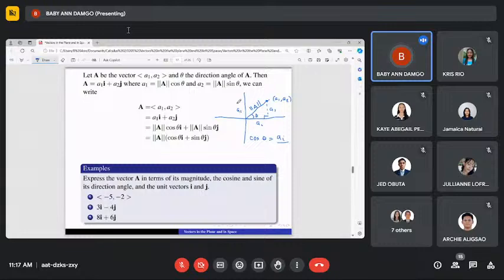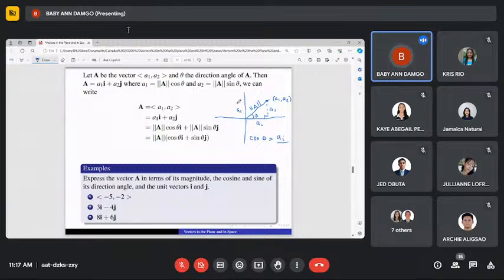So we have negative 5 all over the magnitude of A, which is the square root of 29. For sine theta, this is A sub 2 all over the magnitude of A. So A sub 2 is negative 2 all over the square root of 29. So we just substitute.